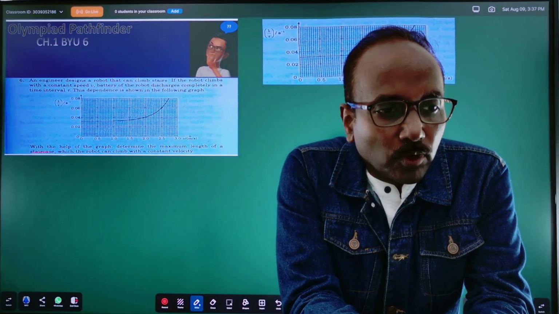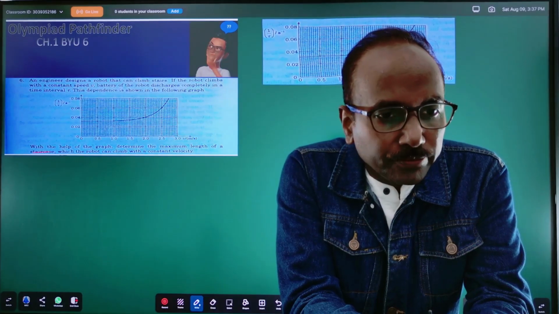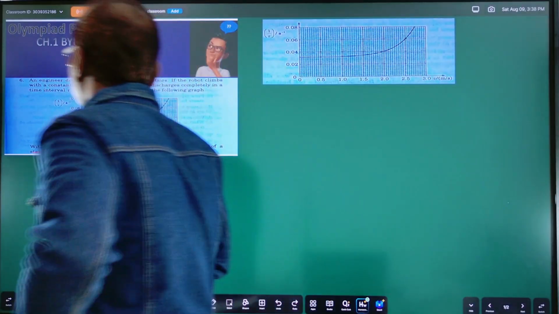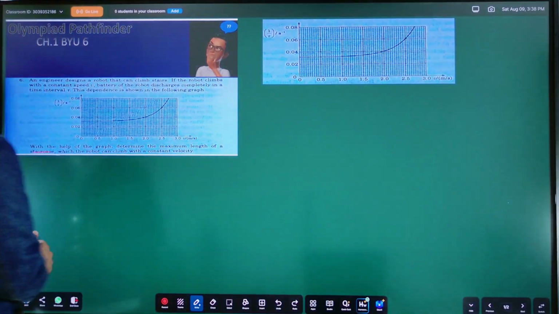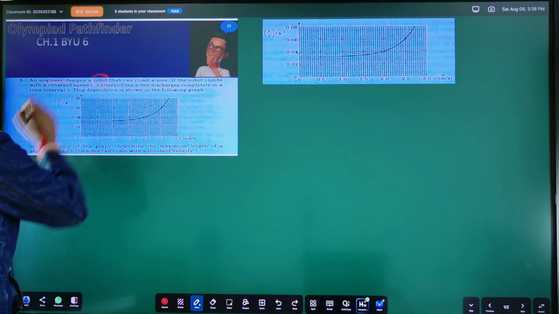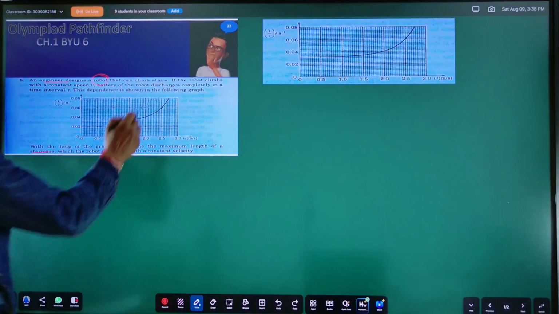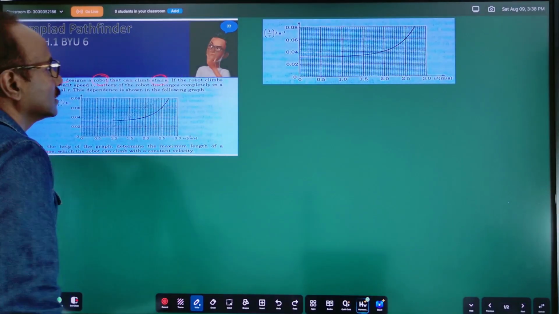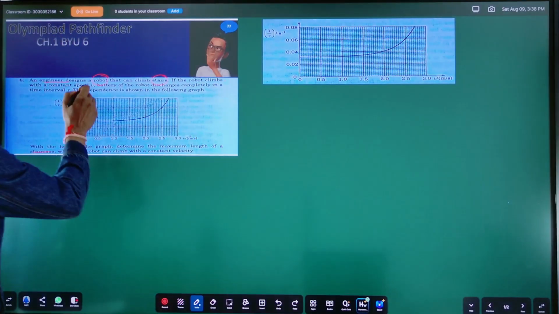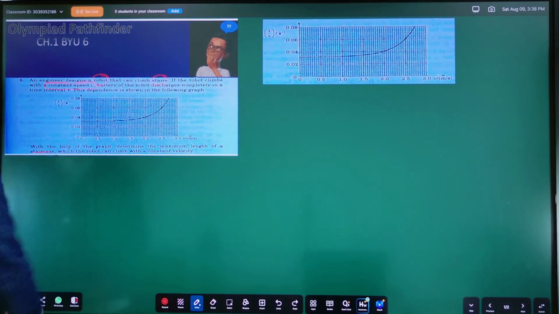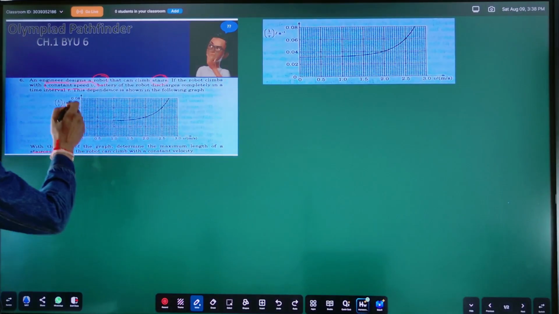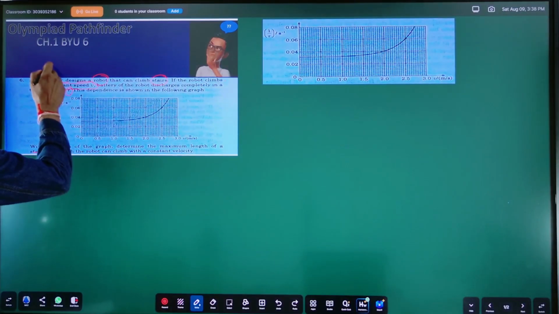Let us look into this problem and try to solve it. The question says, an engineer designed a robot that can climb stairs. If the robot climbs stairs with a constant speed v, the battery of the robot discharges completely in a time interval tau.